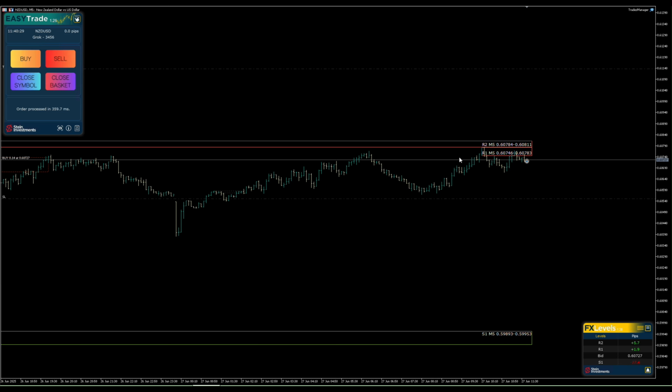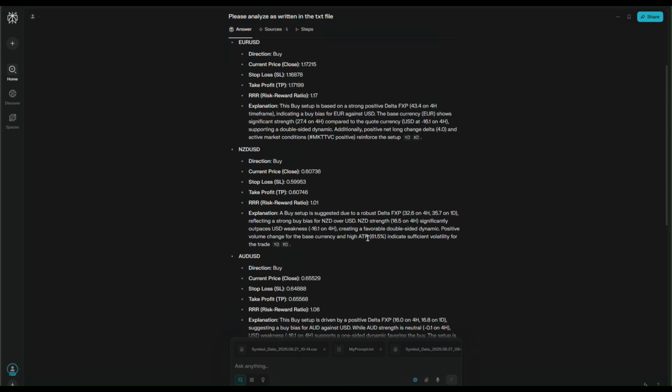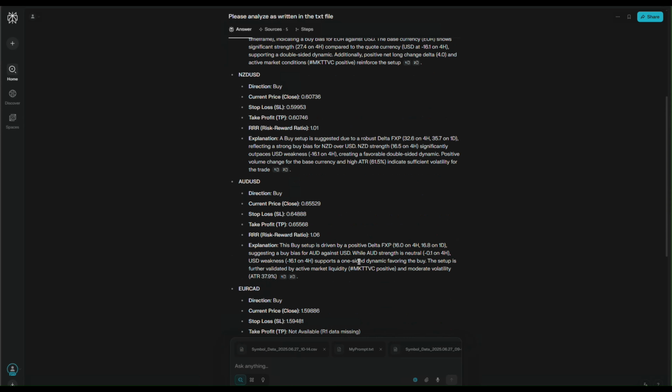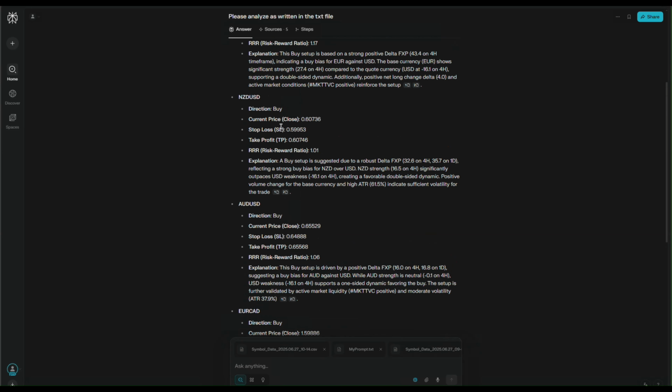I don't know, but this is an excellent example that you need to check the output of the AI, because the information we provided is stated here and it's pretty clear. It's correctly exported and correctly passed into the AI, so it read correctly, and I have no idea why Grok calculated a risk and reward ratio so wrong.